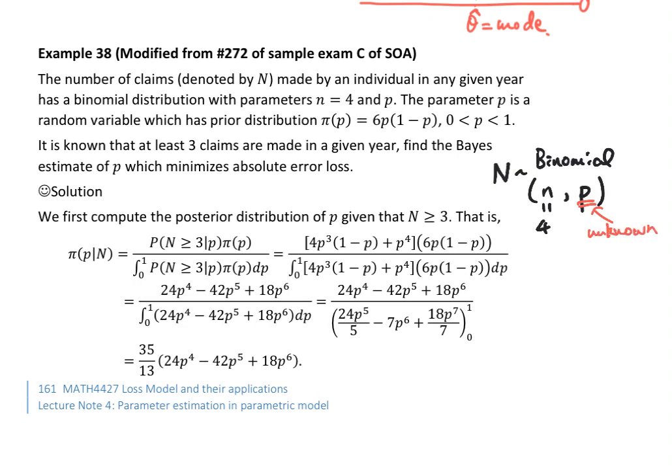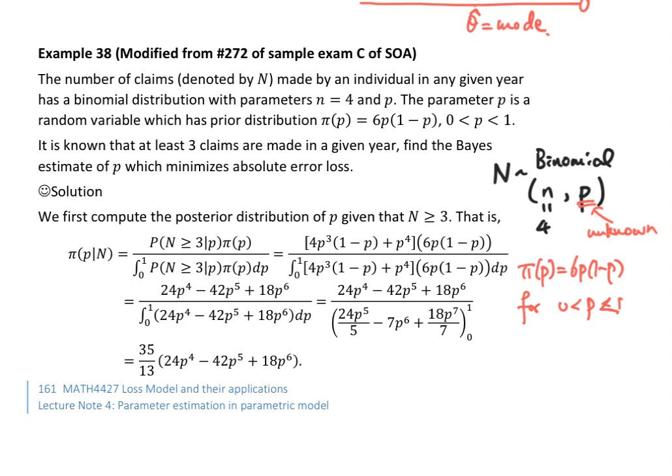As usual, we assume that p is a random variable which follows this prior distribution, and p runs from 0 to 1. Why? Because remember, the p in your binomial distribution refers to the probability of success, so the value must be between 0 and 1.